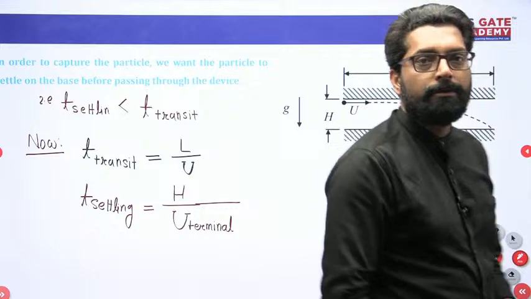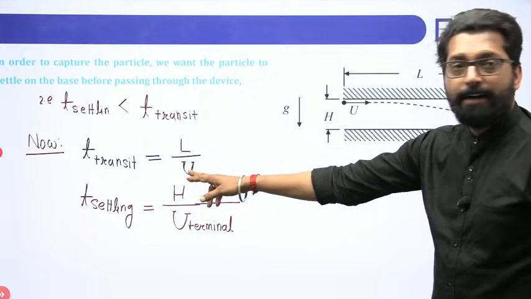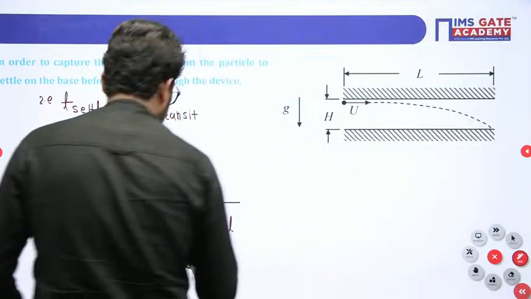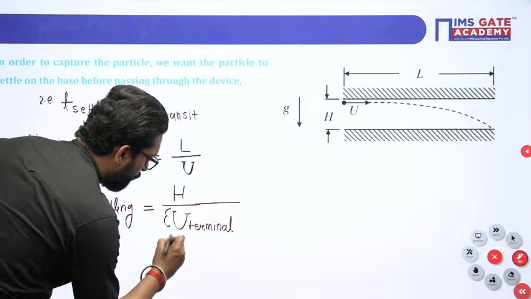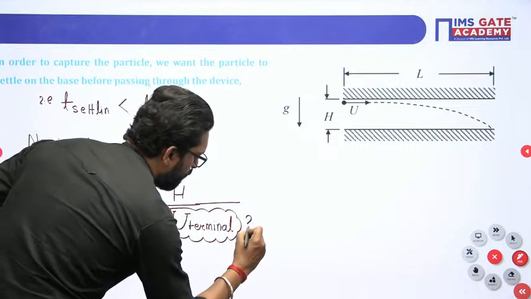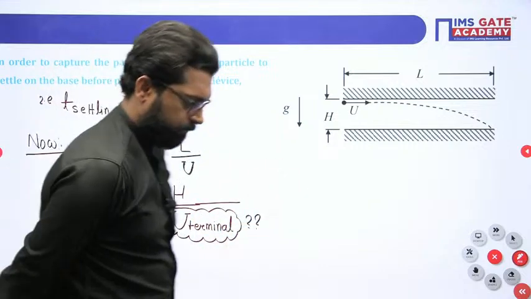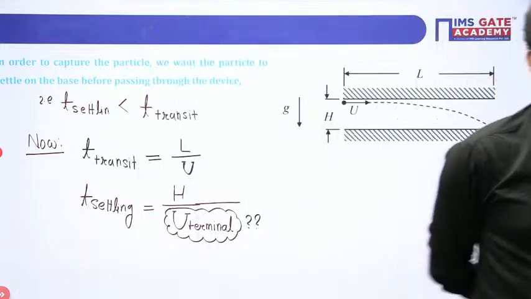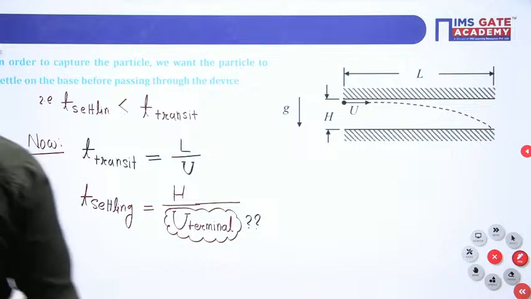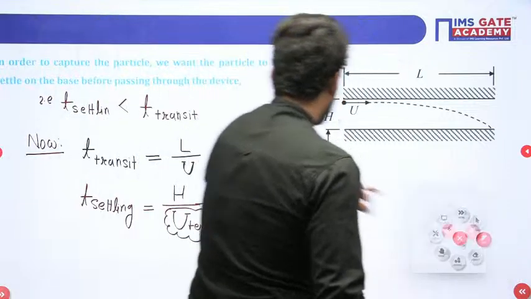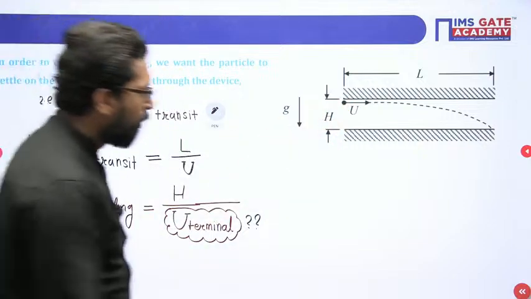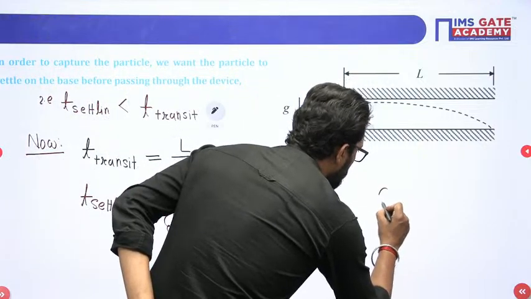Now, my dear, L you have, U you have, H you have, but U terminal you don't have. This value you don't have. And to find this terminal velocity, consider particle equilibrium.